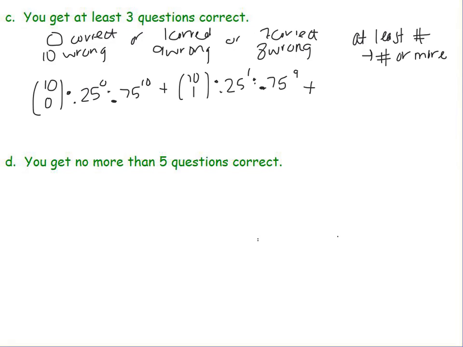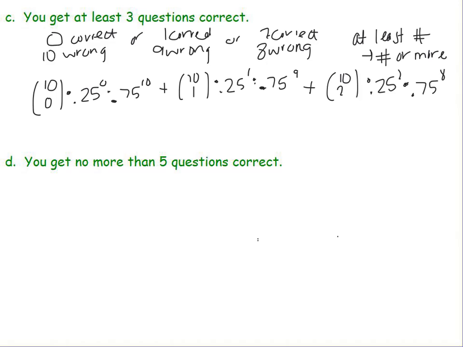Now we got our last case, which is 2. So the 1s are changing to 2s. The 9 is changing to an 8. So 10 over 2 times 0.25 to the power of 2 times 0.75 to the power of 8.